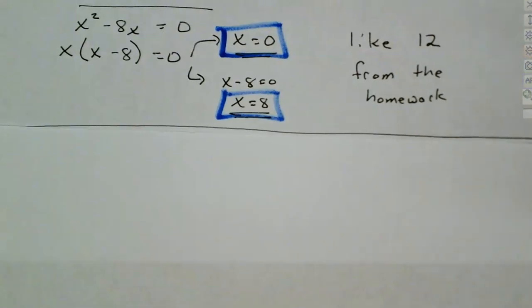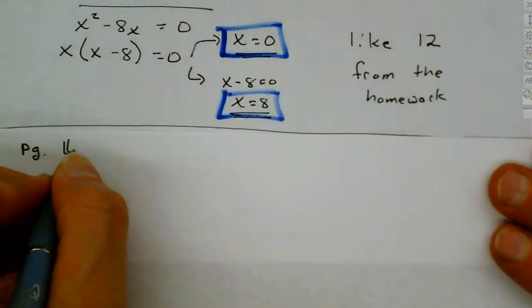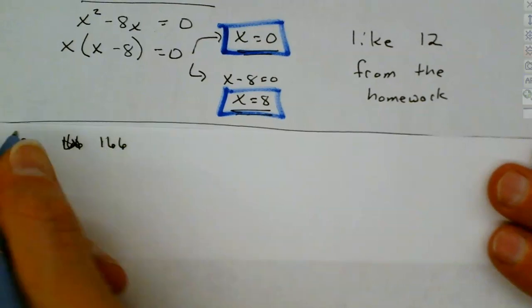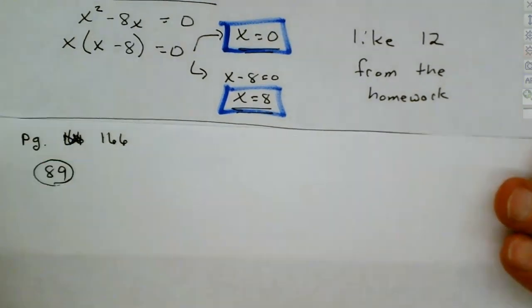So these are going to involve factoring again, but we're going to get multiple solutions, more than just 2. In this case, we're actually going to get 4 on these. So we're going to look at question number 89. And this is on page 166 again. So page 166, we're going to look at question 89.